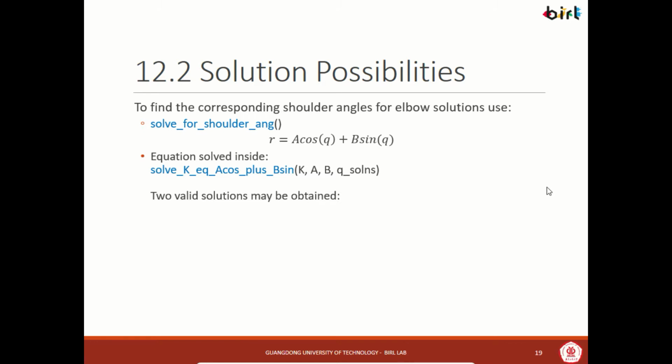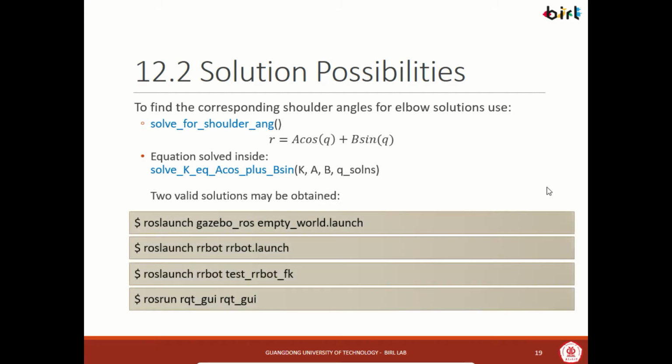That equation is solved inside this other method, solve k equations, a cosine plus b sine. It takes the parameters a and b, k would represent R here, I believe, and then it returns the q solutions. So you can get two solutions from here, the shoulder elbow up and elbow down solutions.